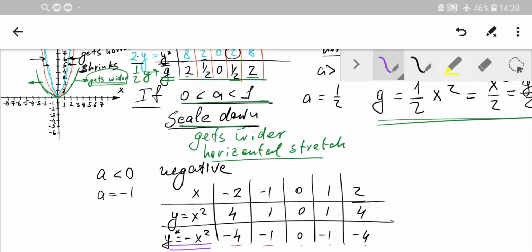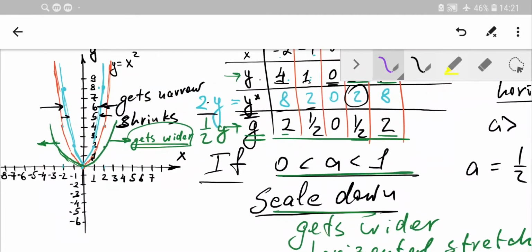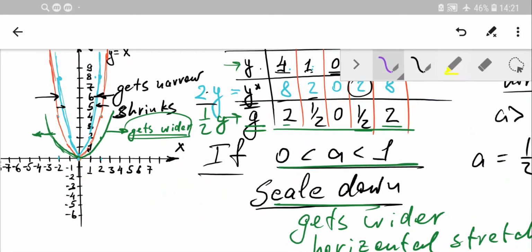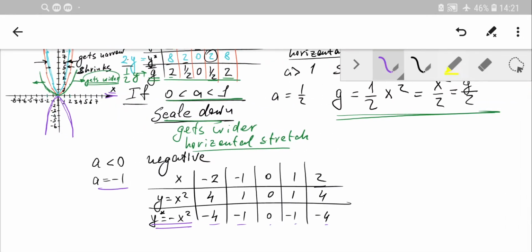So you can imagine that you're taking the red graph, that's your x squared, and simply reflecting along the horizontal x-axis, just down. So it looks like it goes this way because it's simply reflected along x-axis. So there is nothing else happening because a is just -1.